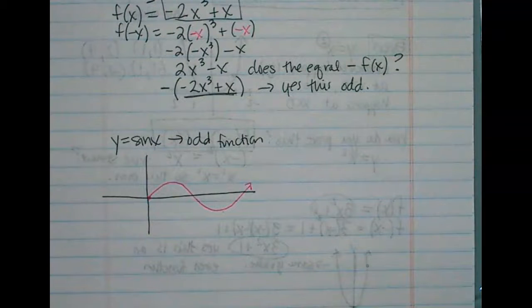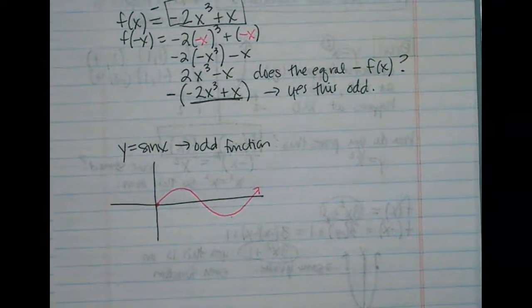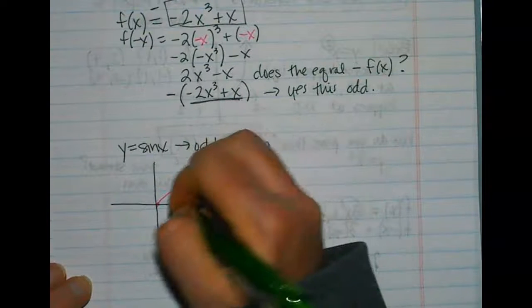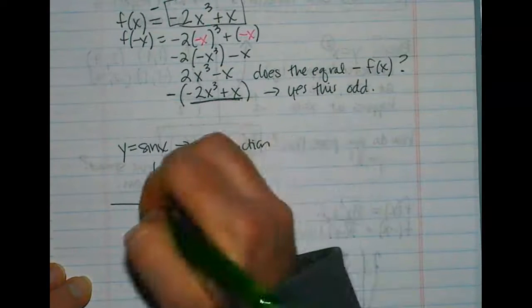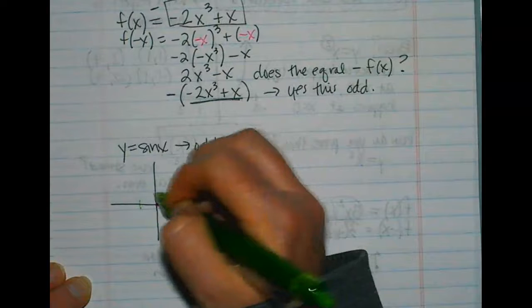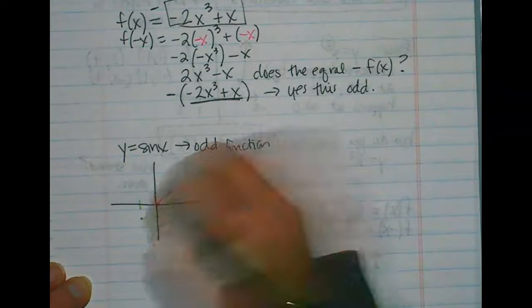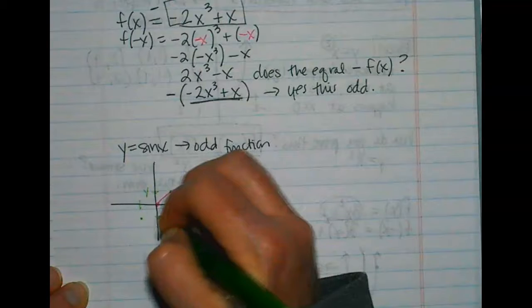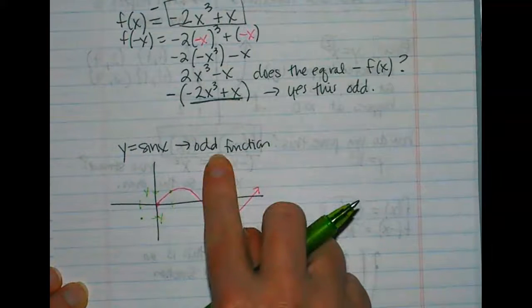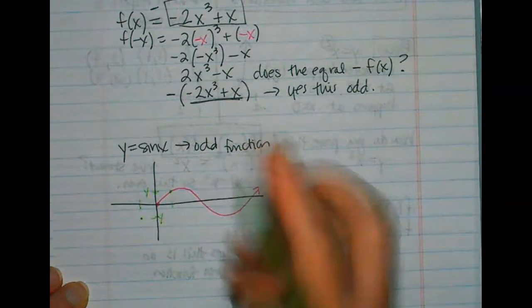If I know it's an odd function, then I can predict that on the other side, for every x value that's up here, the same x value is going to be here. It's going to go down. So this is a positive y. This is going to be the negative y. Odd returns the opposite y value.